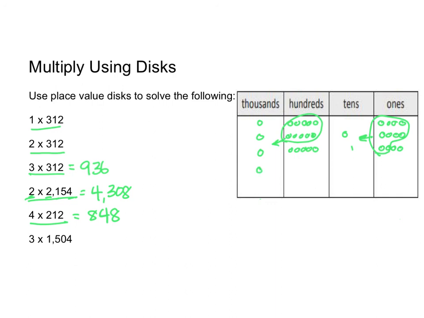So now we have 2 ones, we've got 1 10, we have 5 hundreds, and we have 4 thousands. So our answer to 3 times 1,504 is 4,512. All right, we have come to the end of Fluency Module 3, Lesson 9.